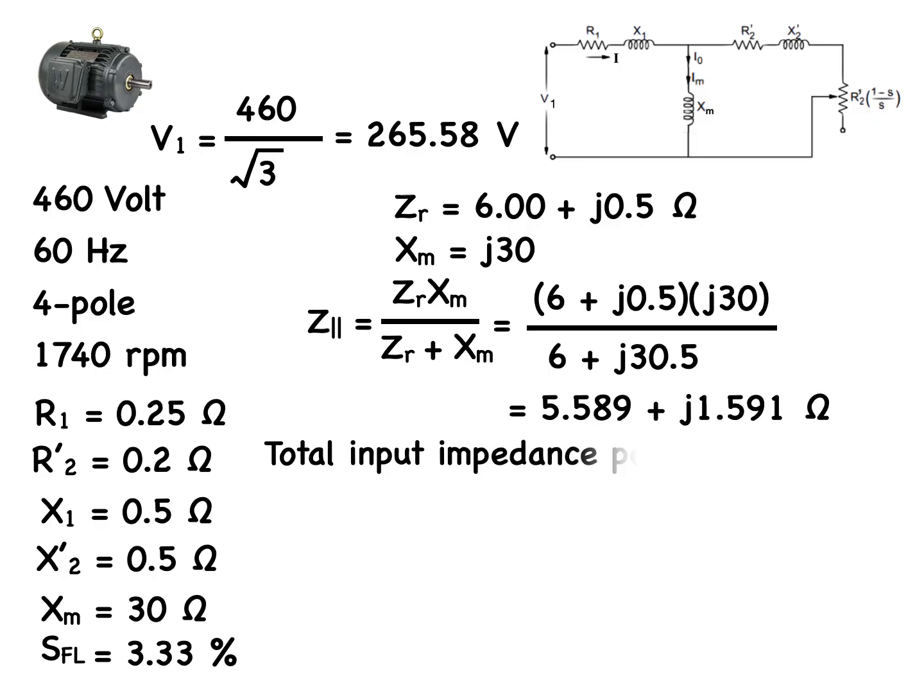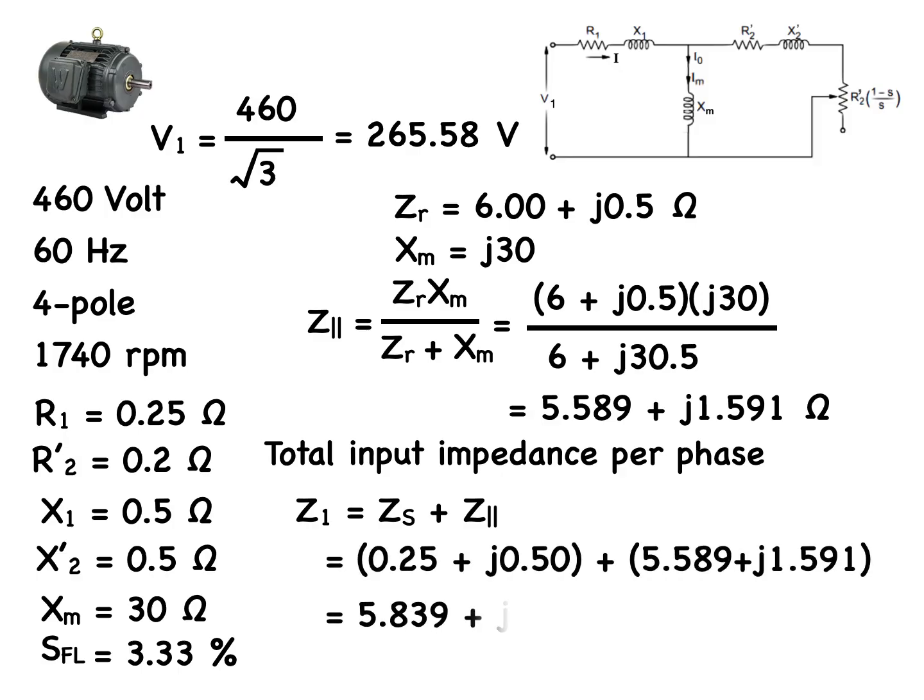Now the total input impedance per phase, Z1, is equal to the stator impedance, Zs, in series with the parallel rotor impedance, Z parallel. And that works out to 5.839 plus j2.091 ohms.